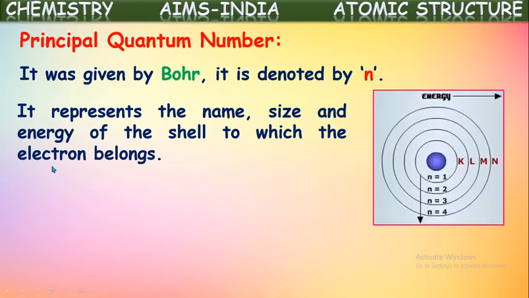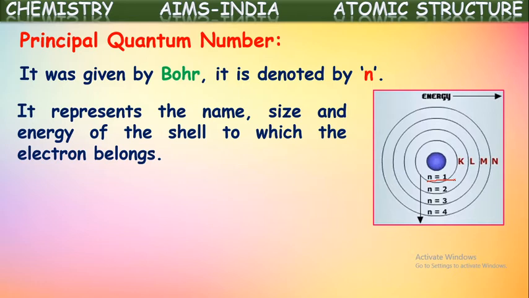See here, principal quantum number values are given like this. If the principal quantum number value is 1, that means the electron is present in the K shell. The name of the shell is K shell; it is the first shell. We can also calculate the distance from the nucleus. The size of the orbit can be calculated if we know the value of n, because we have a formula to calculate the radius of the orbit.